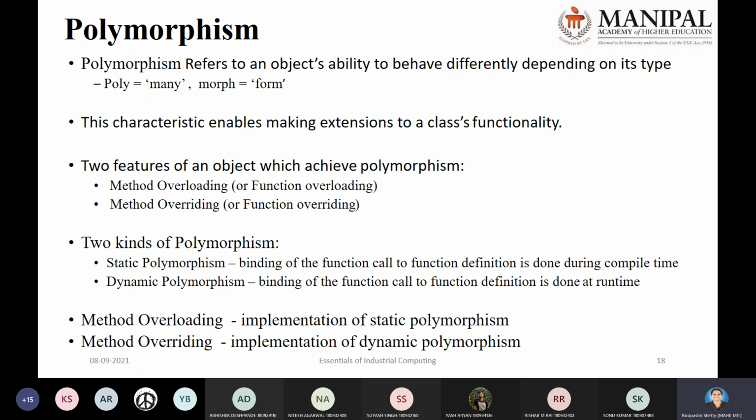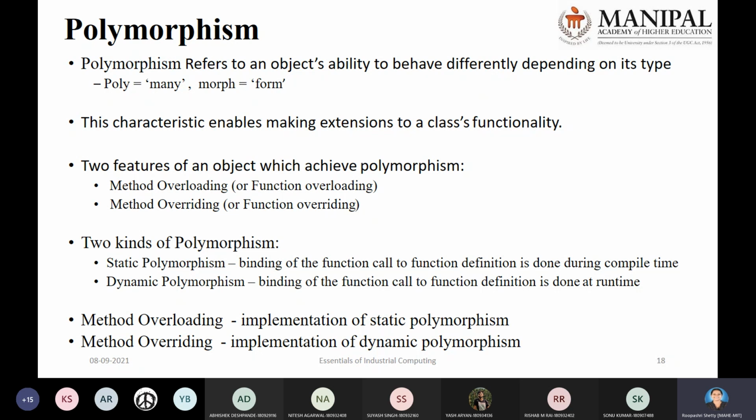All object-oriented languages implement the concept of polymorphism. C++, Java, C#, all these languages use the concept of polymorphism. So polymorphism means one object behaving differently at different situations, different circumstances.